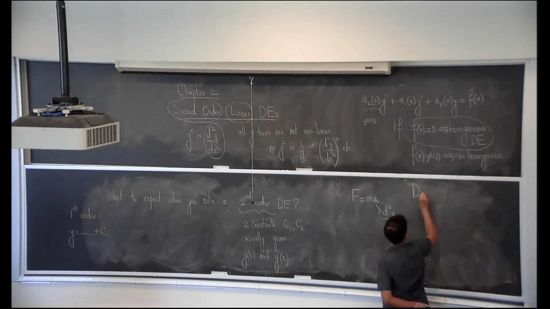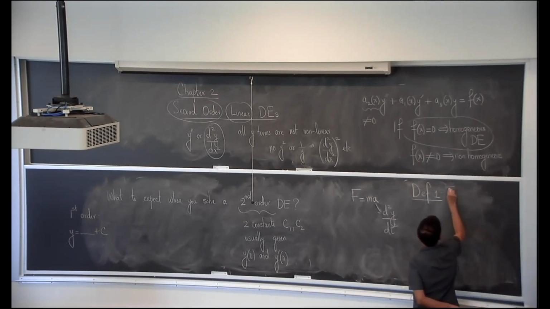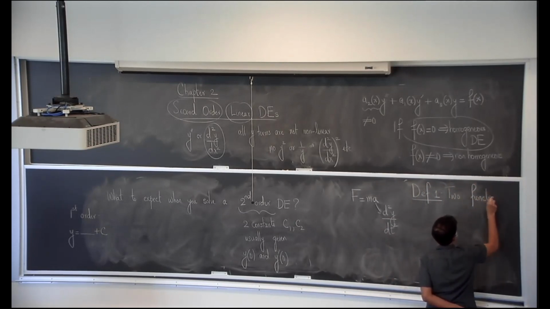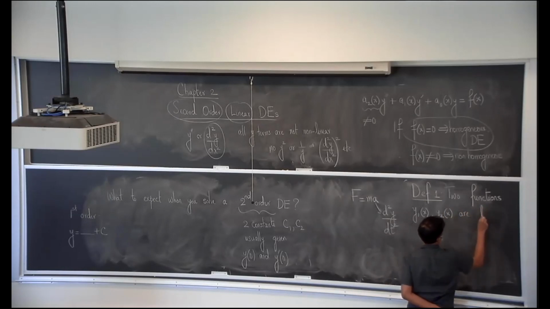Definition number 1. These definitions are very important because we're going to keep on using them throughout this chapter. We'll take it for granted, but you need to keep at the back of your mind that this is what is going on. Two functions y1 of x and y2 of x are linearly independent.